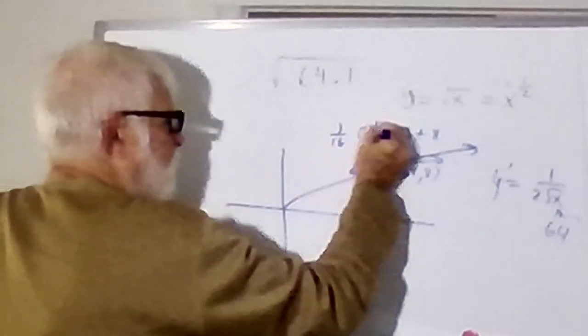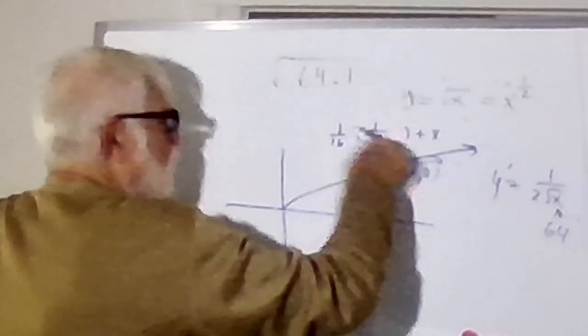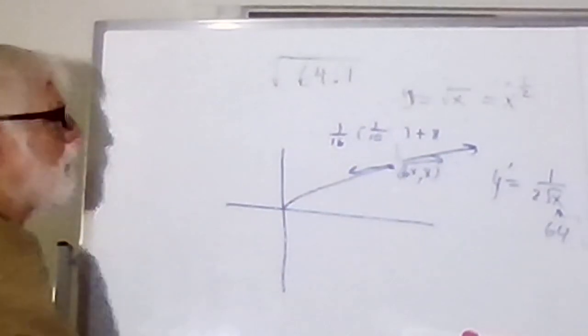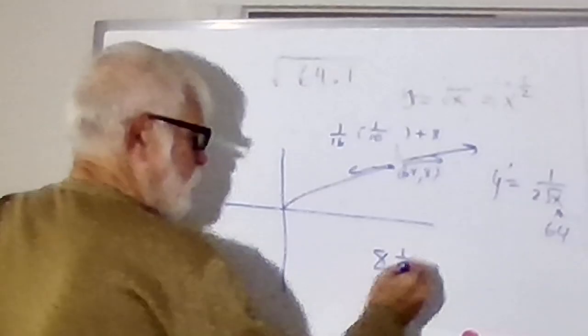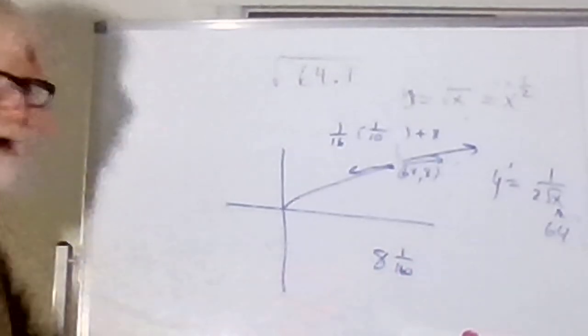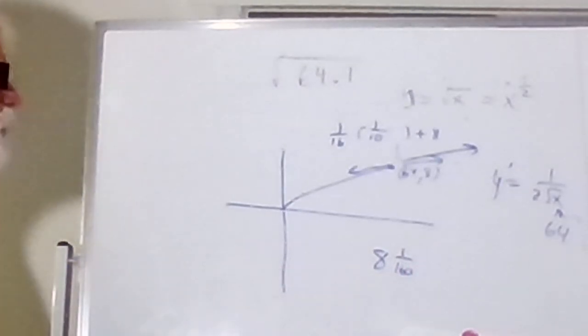And now I think I have a pretty good approximation of 64.1. It looks like it's 8 and 1 over 160. And I'll bet you that's within 1,000th of a decimal place of a correct answer.